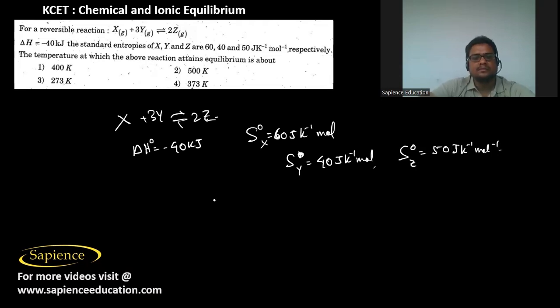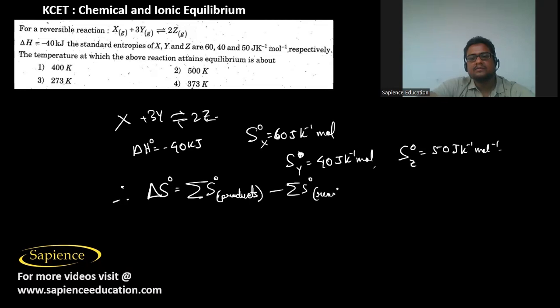Now, therefore, the standard change in the entropy in this reaction will be equal to the sum of the entropies of the products minus the sum of the entropies of the reactants.